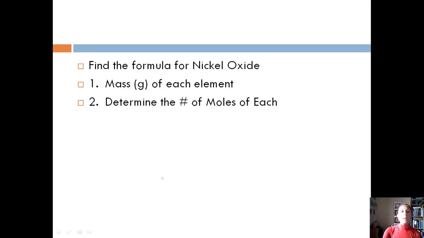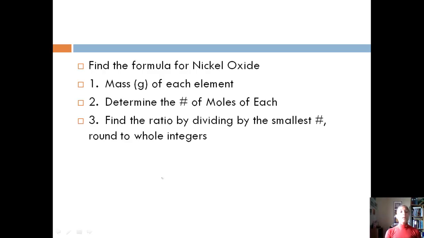Then we need to determine the number of moles of each, because remember, that's how we're going to compare elements to each other to get our ratio, by converting them to moles. Originally we would convert them to atoms, but we're taking out the Avogadro's number step and stopping at moles. Once we have the moles of each element, we can find our ratio, relating them to each other by dividing by the smallest number of moles, and then we're going to round them to whole numbers.